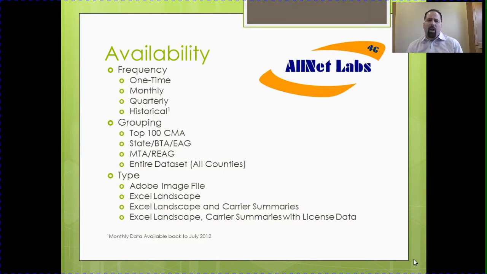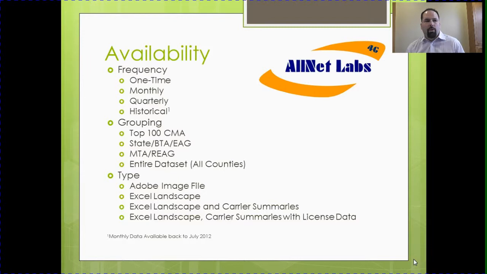The fourth bullet is you also have the ability to get all of the landscape, all of those summaries, and ultimately the license data. So if you see an anomaly, if you see an opportunity and you want to understand the details more, you can drive all the way down to a call sign level and see who owns that spectrum, who the licensee is, literally down to a county basis.